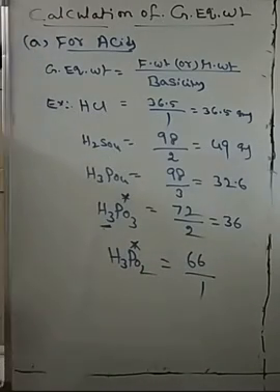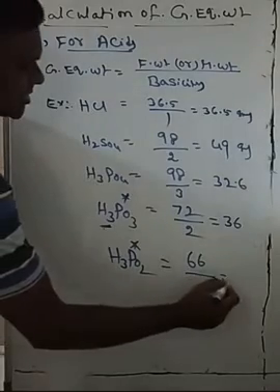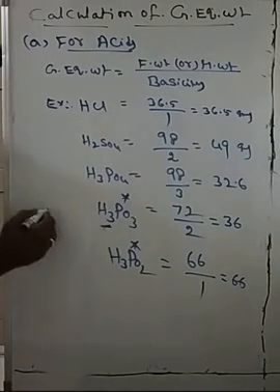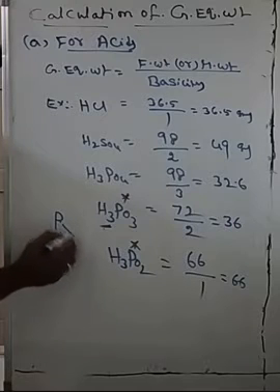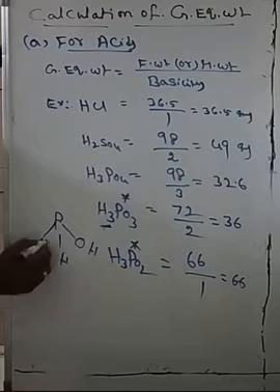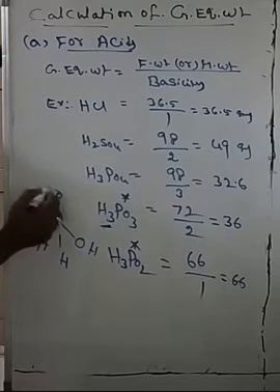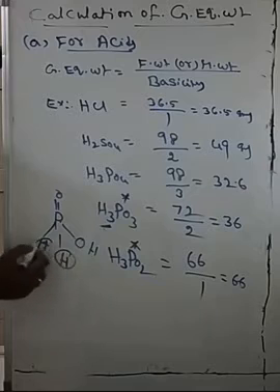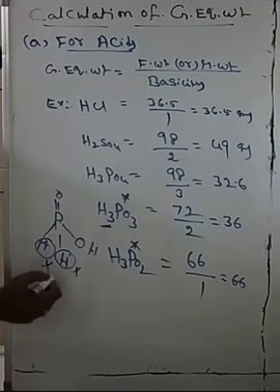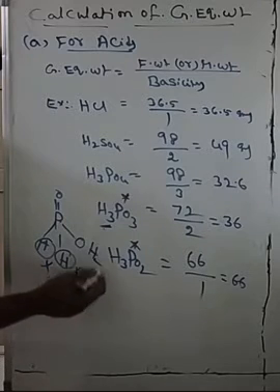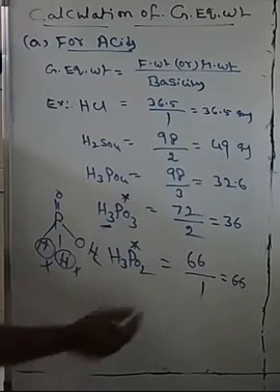It becomes 66. Why? Because the H3PO2 structure is P, OH, and 2 hydrogen atoms directly attached to the central phosphorus atom. So these 2 hydrogen atoms are not replaceable. Only this one is a replaceable hydrogen atom. So for H3PO2, basicity is taken as 1.